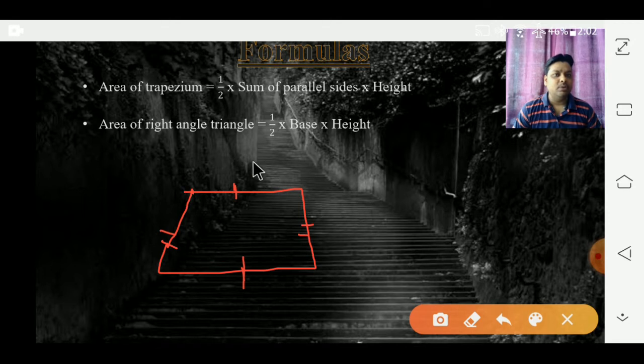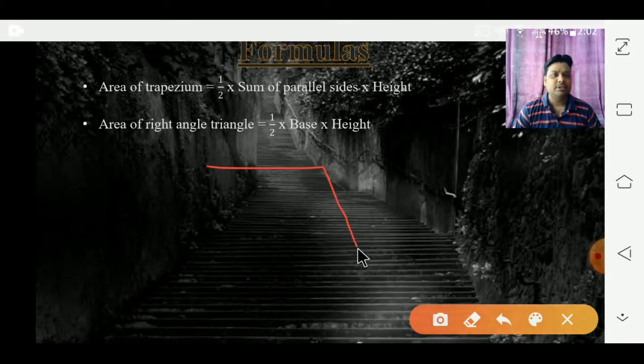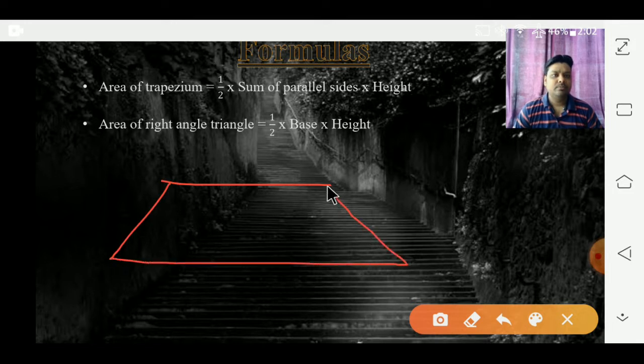And height is what? Height is the perpendicular distance between the two parallel sides. So this is the formula.